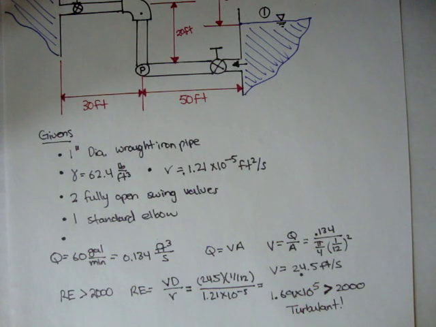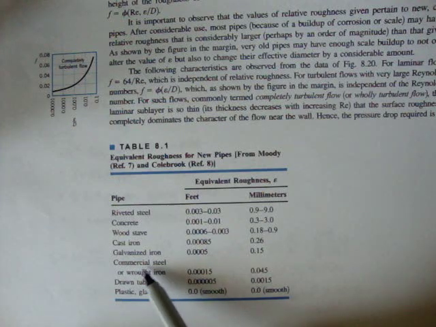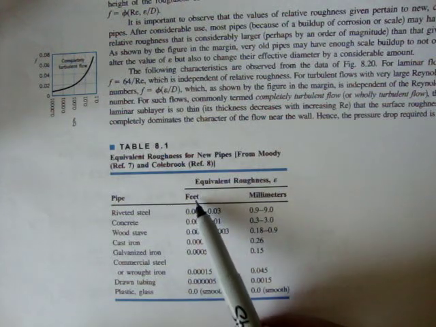Now, one more thing they gave us was the material. And it's a 1-inch diameter wrought iron pipe. And a wrought iron pipe is just another way of saying commercial steel. Okay? So for wrought iron pipe, since we're in US customary units, our epsilon is going to be 0.00015. Okay?